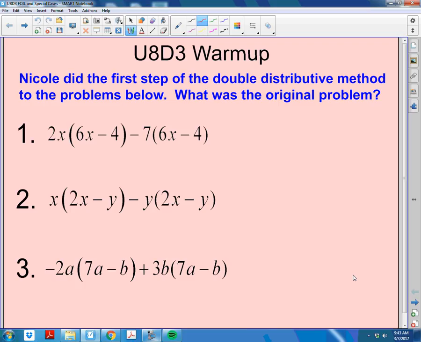Since Nicole did the first step of the double distributive method to the problem, what was the original problem? What was the original problem before she double distributed?